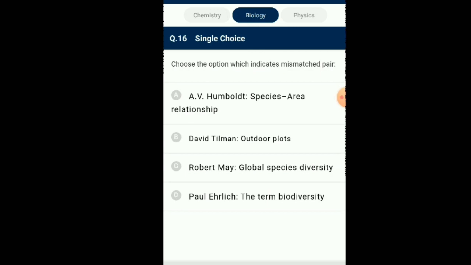Question number 16. Choose the option which indicates the mismatched pair. Sociobiologist Edward Wilson coined and popularized the term biodiversity. Ecologist Paul Ehrlich gave the rivet popper hypothesis to understand the contribution of species richness. In his hypothesis, he compared species with the rivets of an aeroplane. In an aeroplane, that is the ecosystem, all parts are joined using thousands of rivets, that is, species.